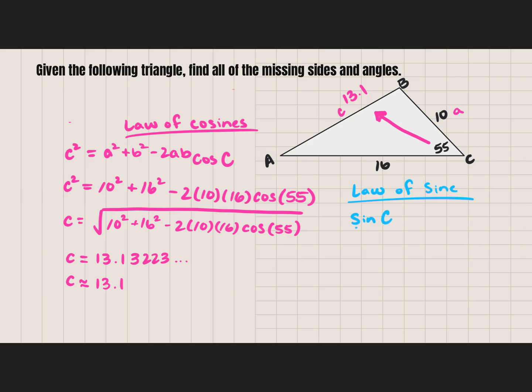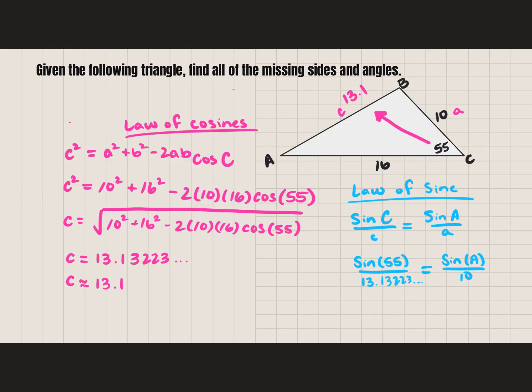Okay. So that's going to be sine of whichever variable I want to use, in this case sine of angle C over little c, equals, let's say I want to find angle A first, so I'm going to go sine of angle A over little a. Okay. So I'm going to go sine of 55 over, remember I need to make sure I use my unrounded version of this number, 13.13223... equals sine of A, I don't know the angle, over little a is 10.